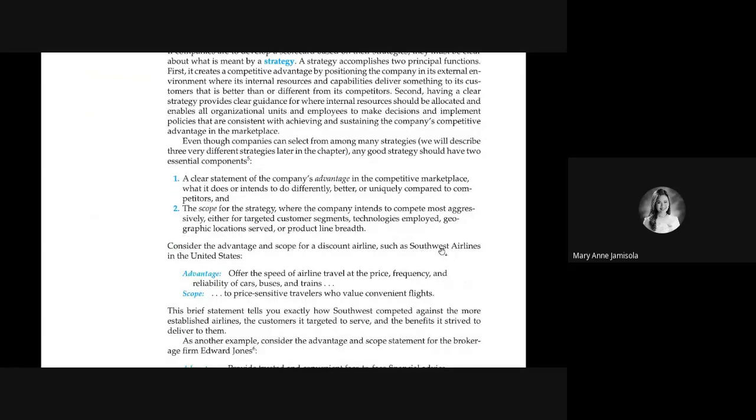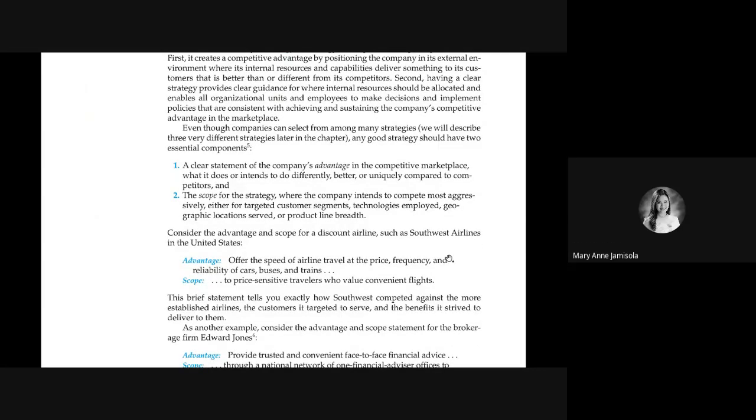So for example, for this airline company, Southwest Airlines, their strategy again, 'di ba? The strategy is composed of two things, your advantage and your scope. So for this example, let's say for Southwest Airlines, ang ilang advantage is that they can offer the speed of airline travel at the price, frequency, and reliability of cars, buses, and trains. So paspas.